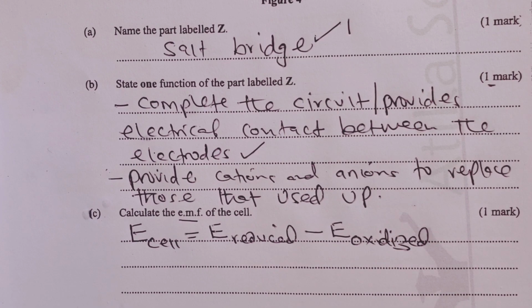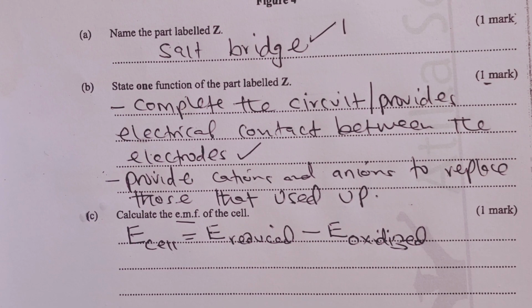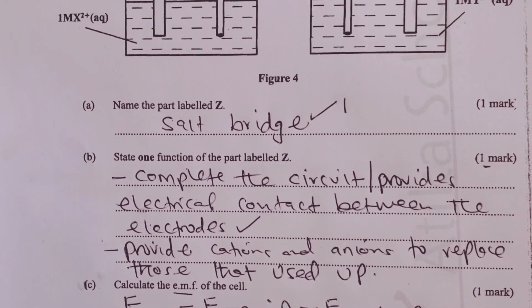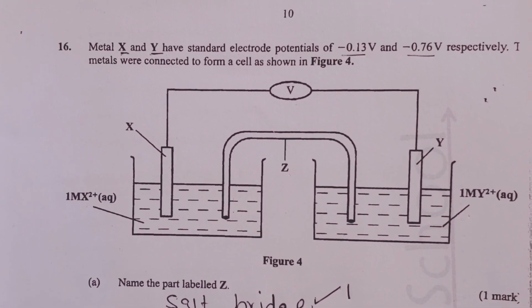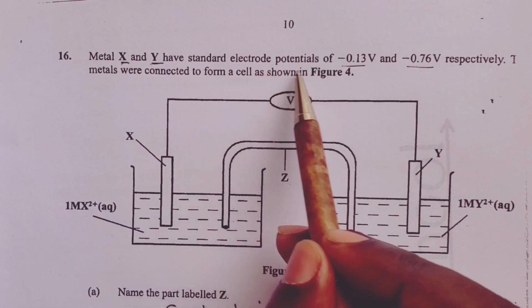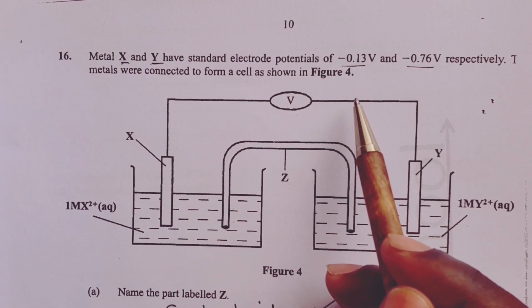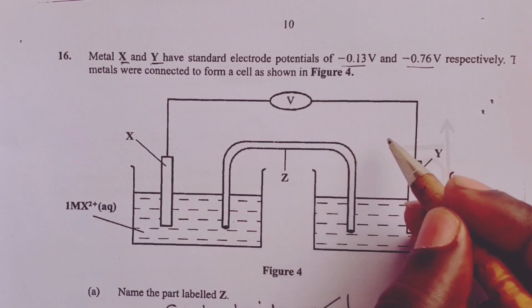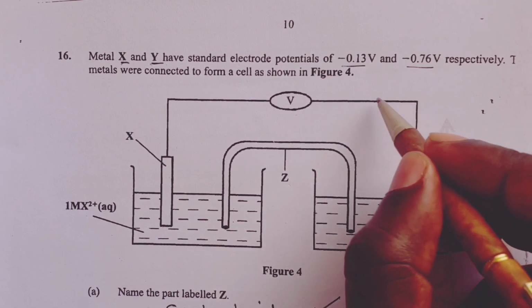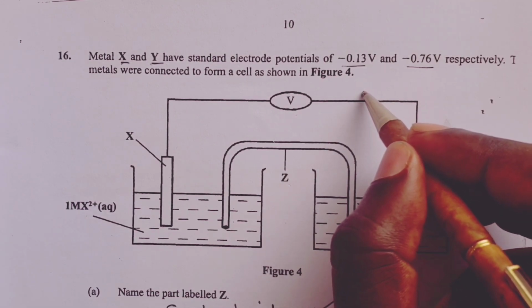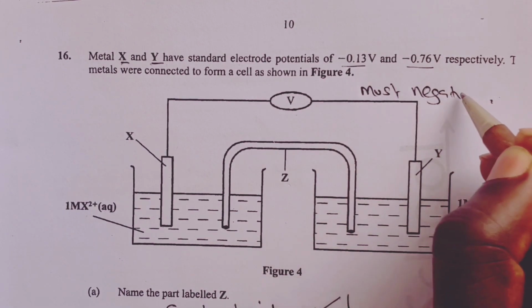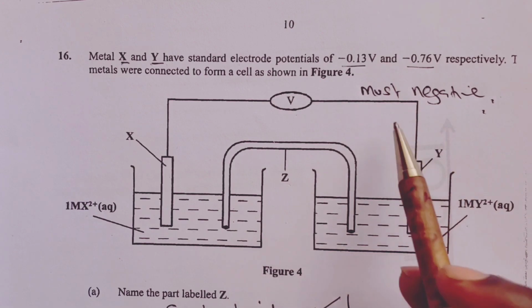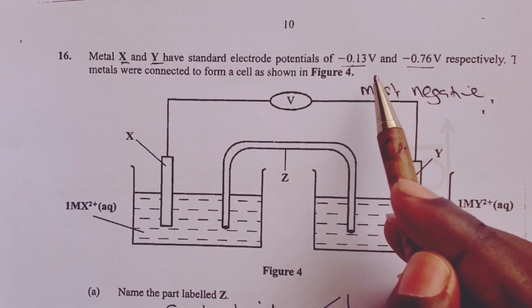We need to go back to our diagram so that we agree on which half cell will be reduced and which one will be oxidized. So we shall use the electrode potentials as our guide. Here, a candidate should just remember one word: the electrode with the most negative.